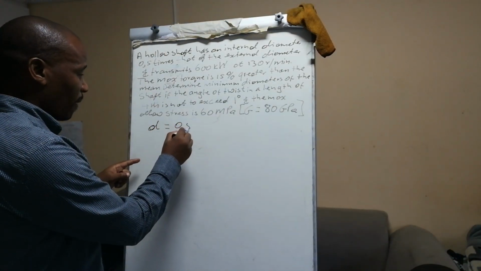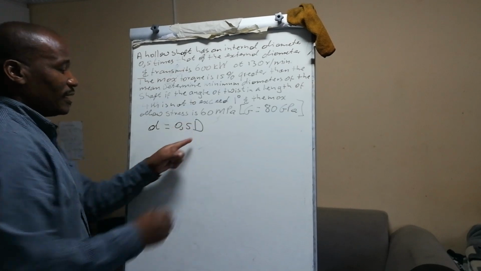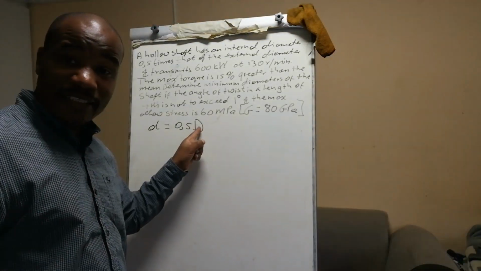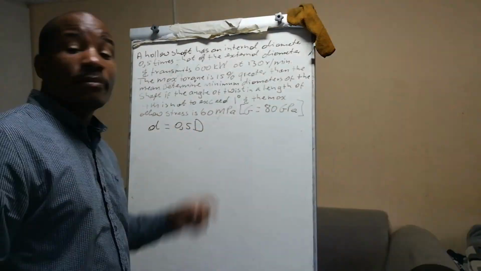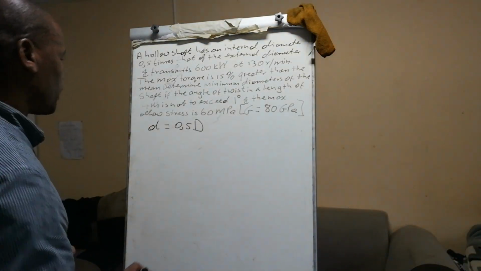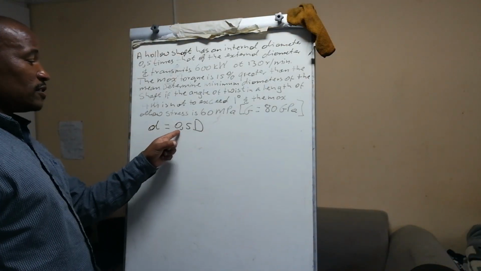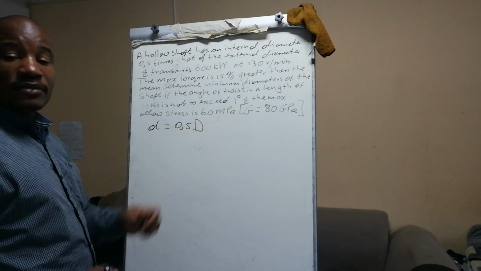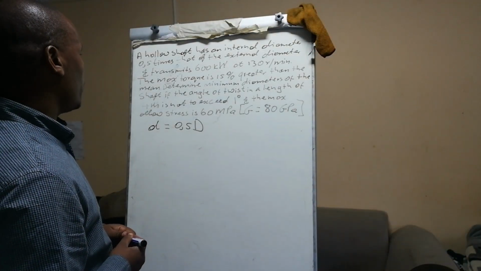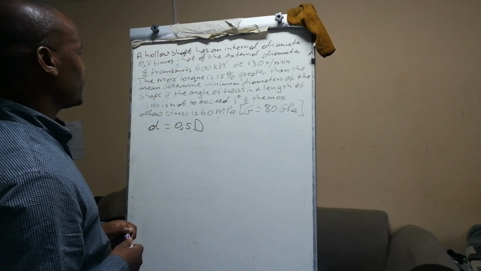It is 0.5 times the external diameter, which is denoted by the big D because it's the larger diameter. So the internal diameter is 0.5 times the external diameter.